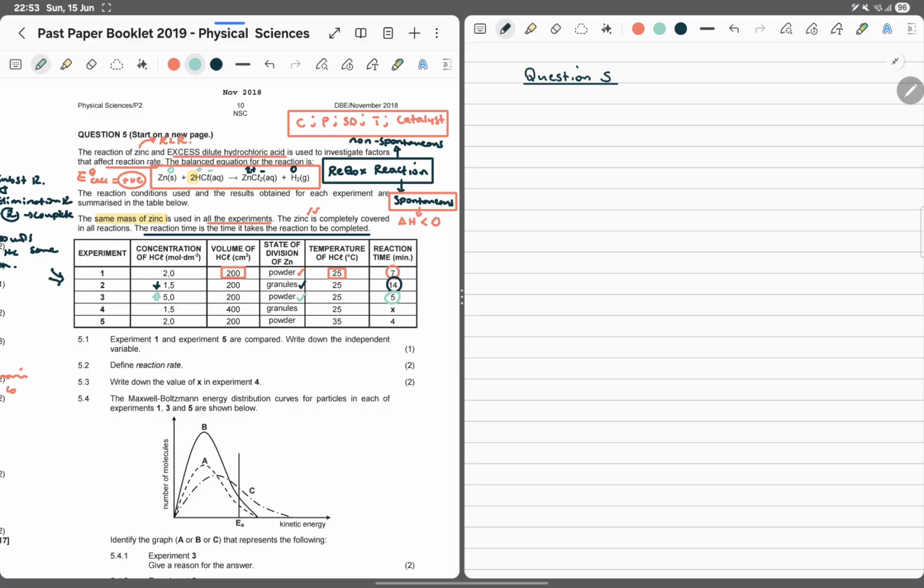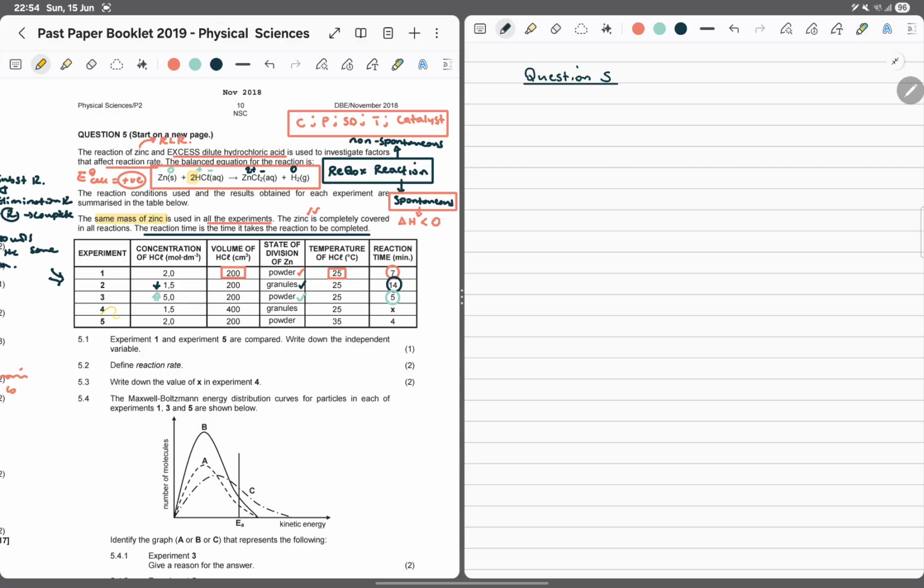And we saw that this one took under 7 minutes, which is 5 minutes. So this is expected because a higher concentration of the hydrochloric acid will be able to react much faster with the zinc powder than a lower concentration of HCl for similar conditions. Right.